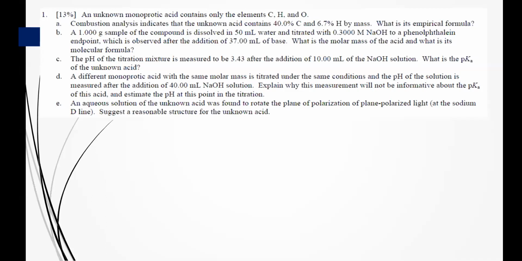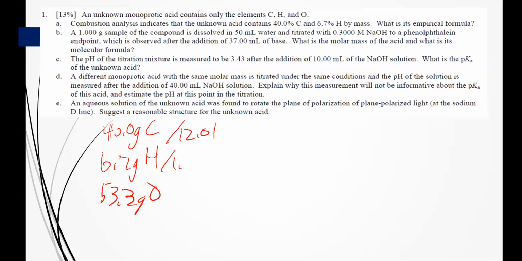Now we're cooking. We know that our compound is made up of just carbon, hydrogen, and oxygen. So we should have 40.0 grams of carbon, 6.7 grams of hydrogen, and the rest is oxygen, so this becomes 53.3 grams of oxygen.